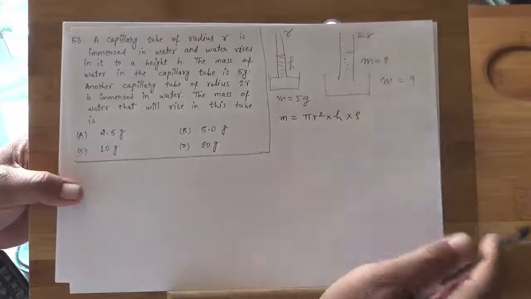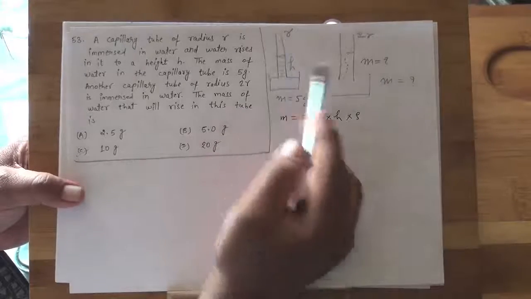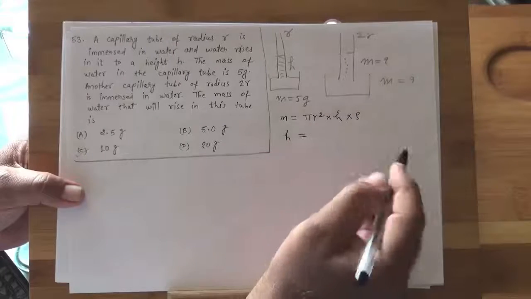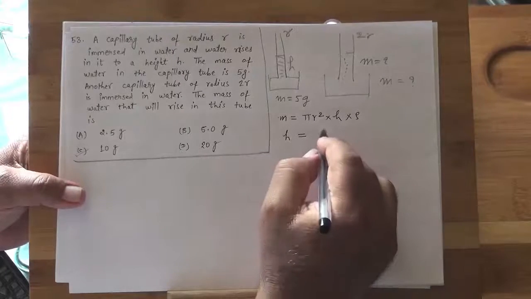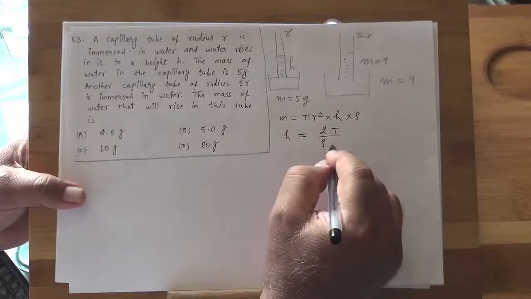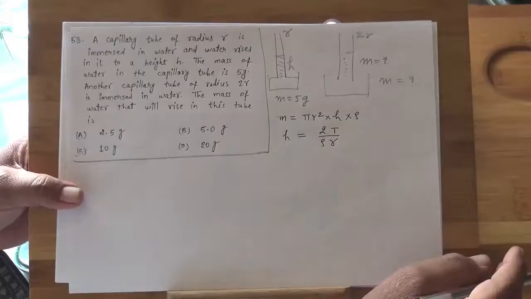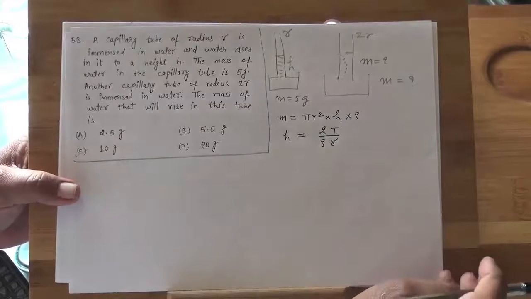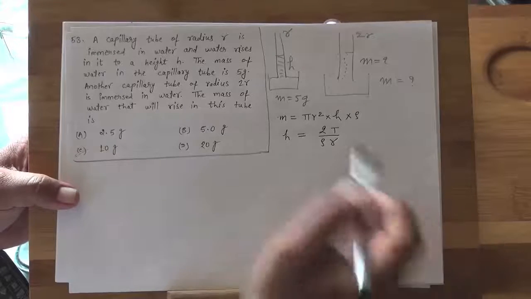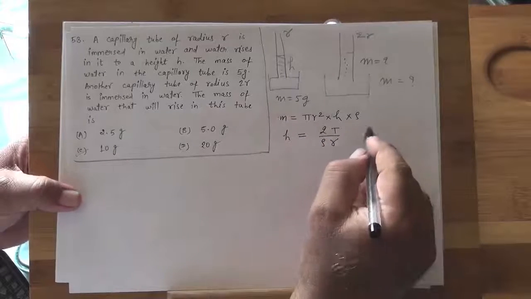Okay, this formula. Then what is the relation of r and h? This is the formula that h is equal to 2 T cos theta upon rho into r. This is the formula we have for height. Okay, supposing that angle of contact is 0.